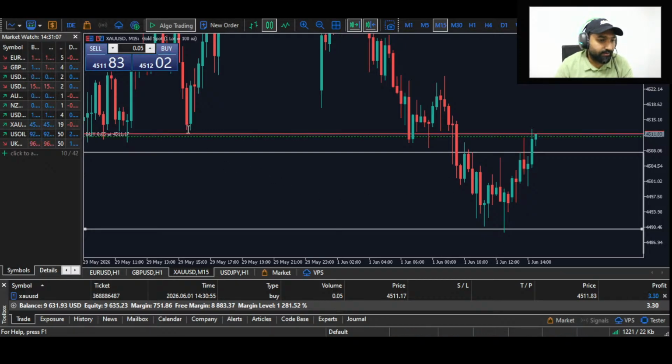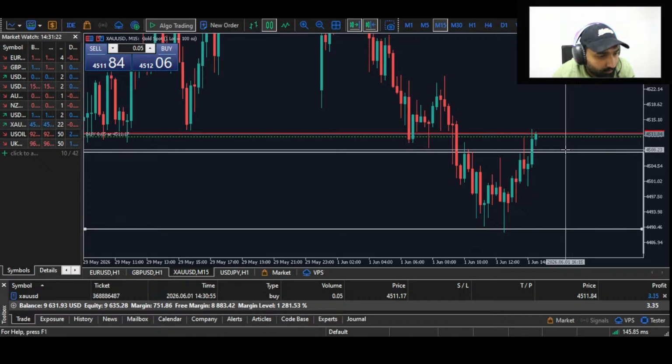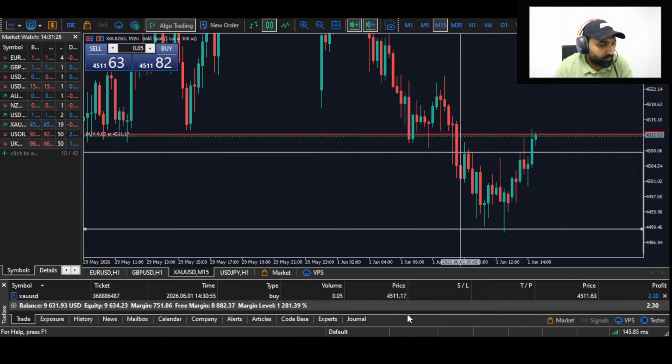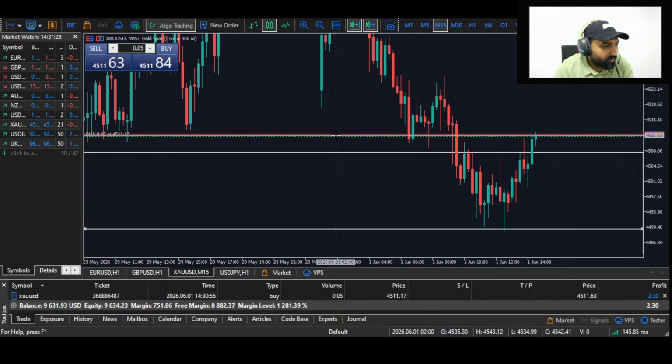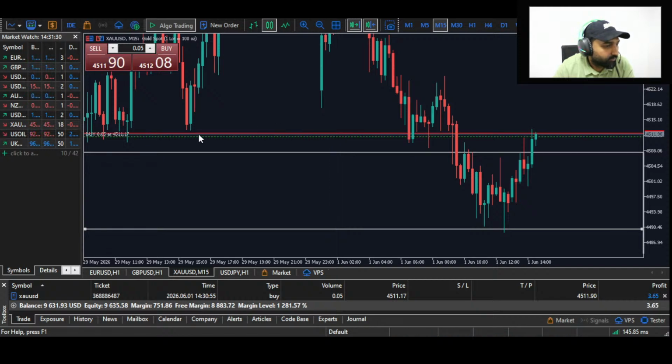We have started the trade now, and we will place our stop loss somewhere down here. 4580. Yeah, 4580. Okay, we will place our stop loss at 4580.